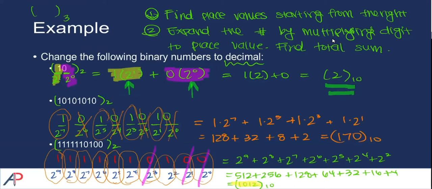But if you see another number with no parentheses around it, you can assume that it's a decimal number. In this case, it specifically says change the following binary numbers, so you were able to assume that these are binary numbers. But in other situations, if there's no context, just assume that it's a decimal number unless otherwise specified. Any questions so far?